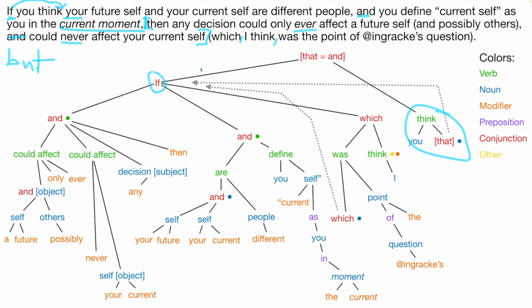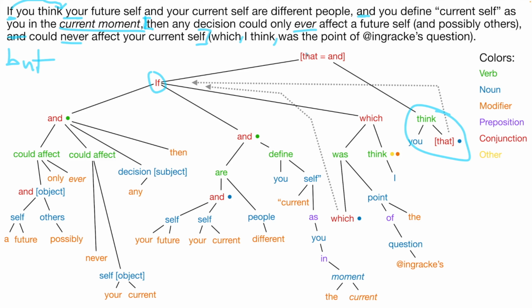Because the point is that if your future and current self are different people, and if current self is only talking about the current moment, then a decision you make only affects your future self, not your current self, because it takes time for the action to happen, the decision to be made, consequences to come to you, etc.